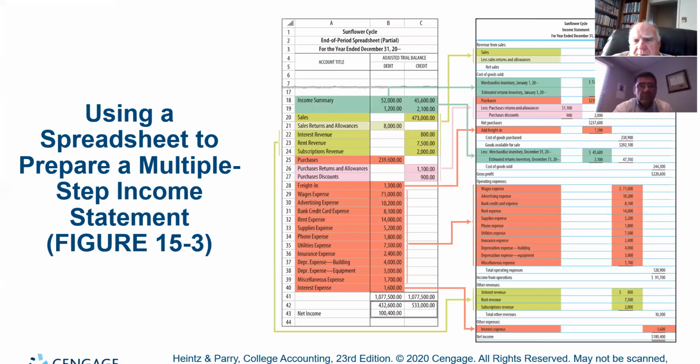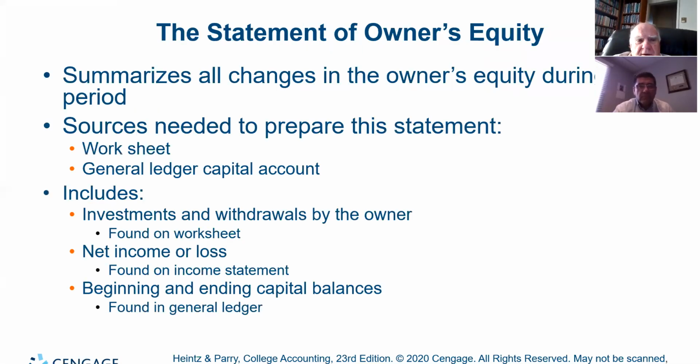We did the income statement. The statement of equity summarizes all the changes in the owner's equity. All we're doing here, Rod, is beginning equity plus net income minus dividends, or not in this class, minus drawing, equals ending equity.